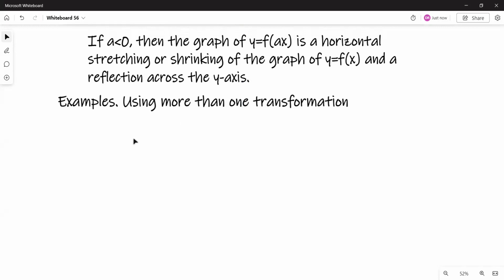Example 1. Is g of x equals the square root of the opposite of x plus 2.